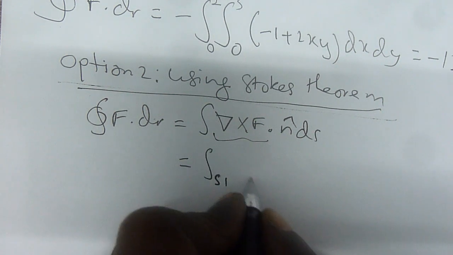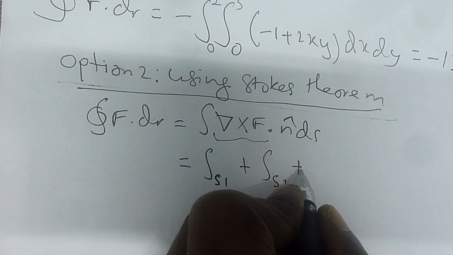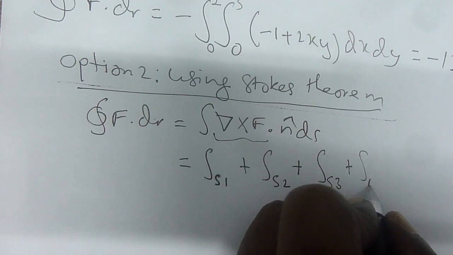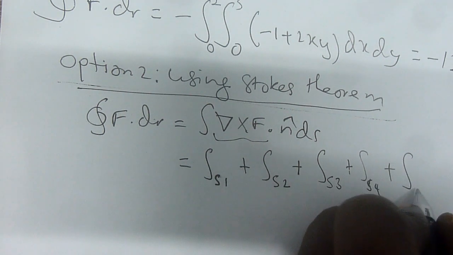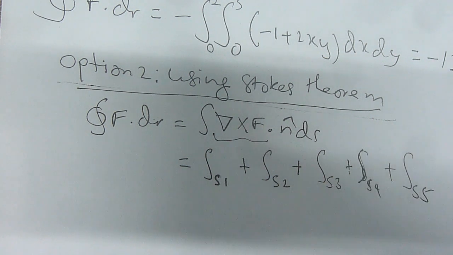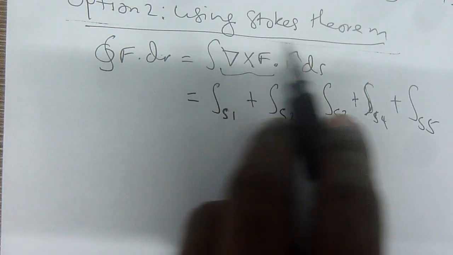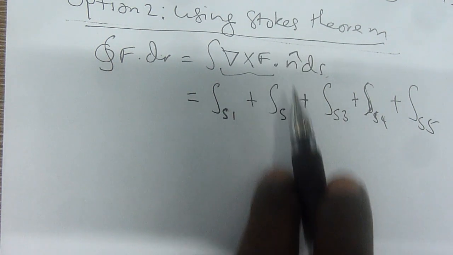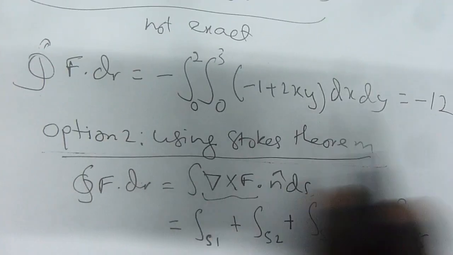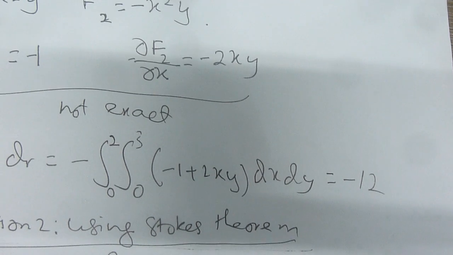You need to use S1, S2, S3, S4, S5. I'm not going to show all, but I show you the logic. You need to bring this formula for 5 segments, then only you will get this result.